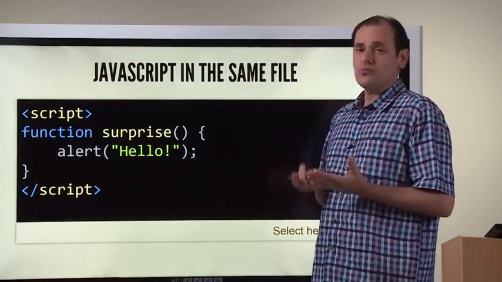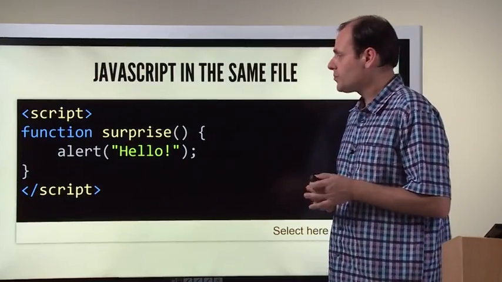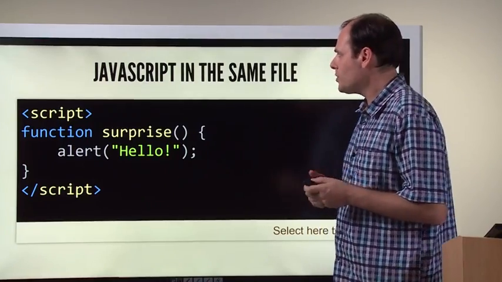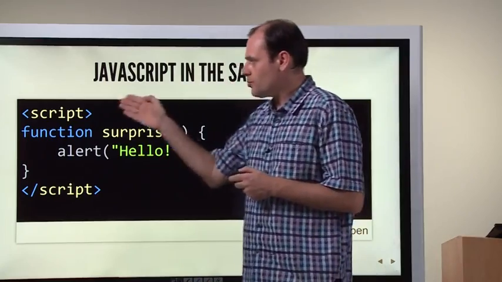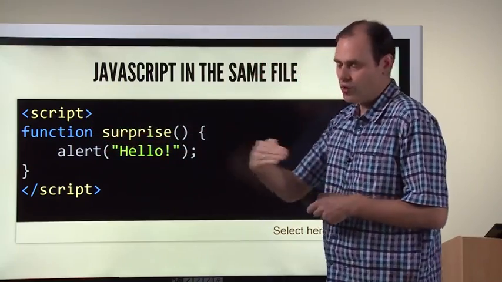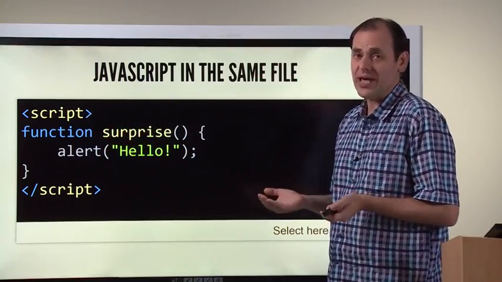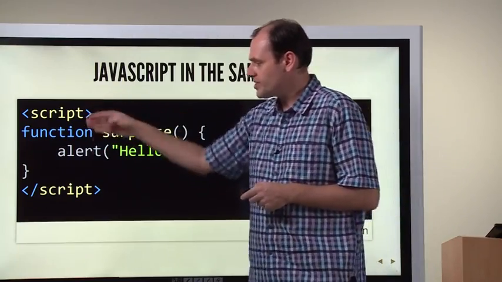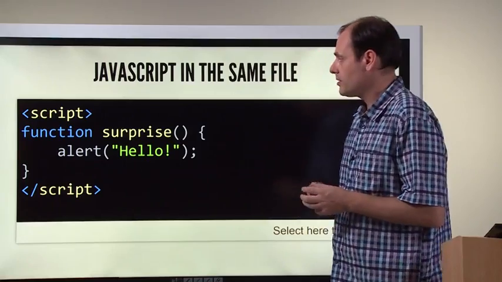So, we've got some JavaScript code, we know where to put it. Well, what are the two main ways to handle JavaScript code? One is you just put your code like this, script/script, and you insert that right into the HTML file where you want it, or at an appropriate place. As long as you've got script/script, you can do that.